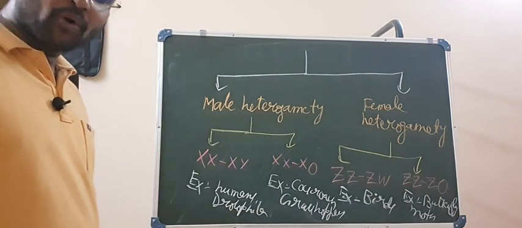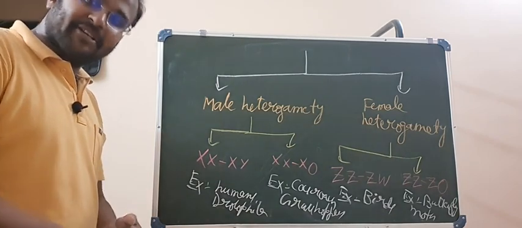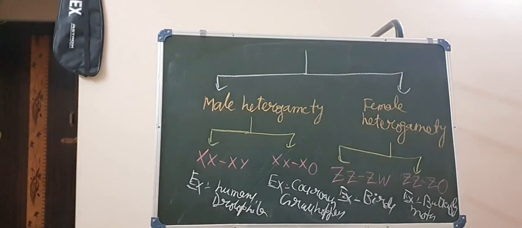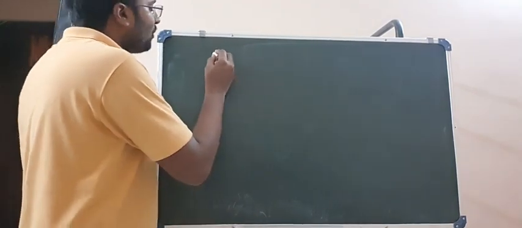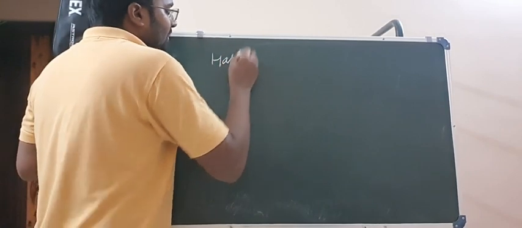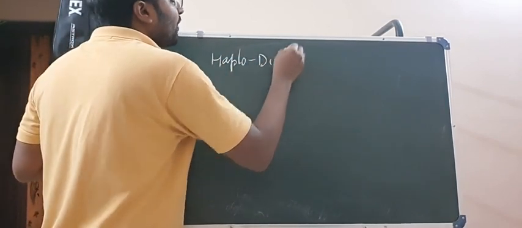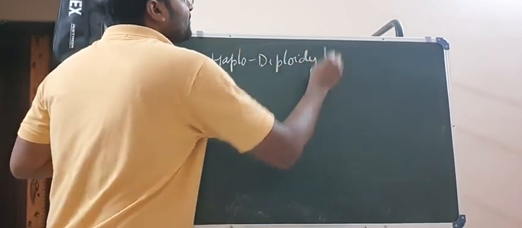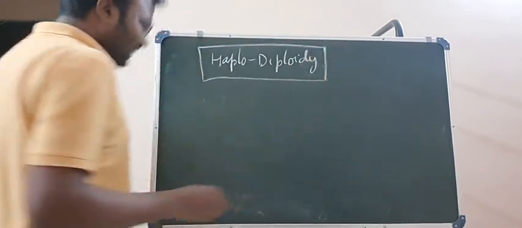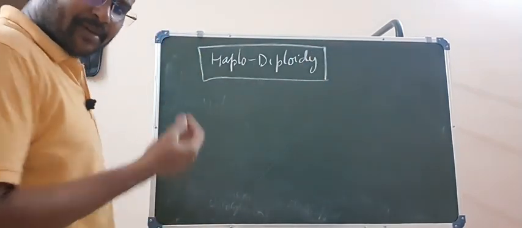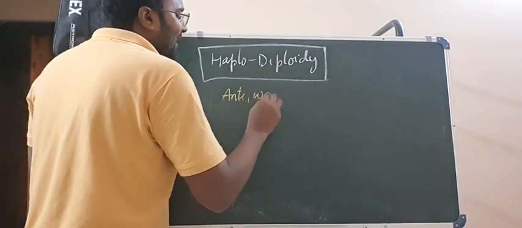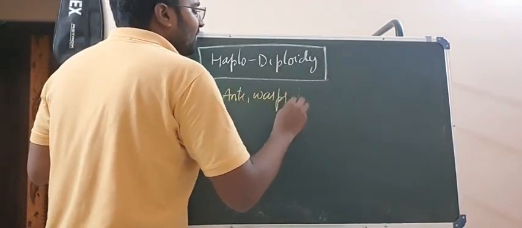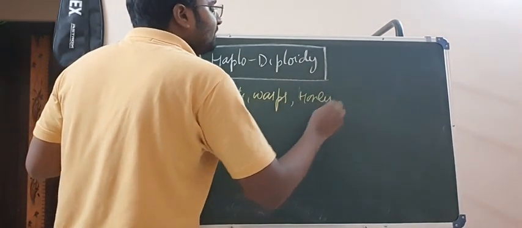Apart from this, haplodiploid type of sex determination is also there. Let us have a look at that. So what do you mean by haplodiploidy? Haplodiploidy type of sex determination can usually be noticed in some insects like ants, wasps, honeybees.